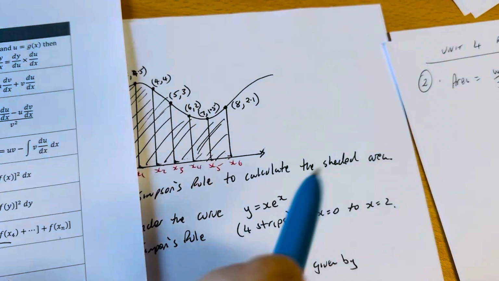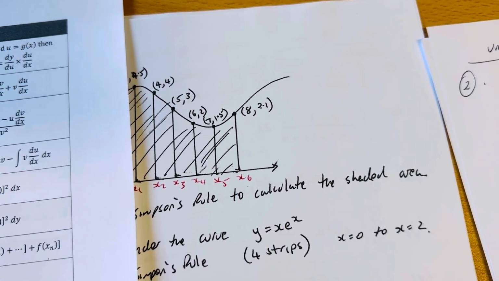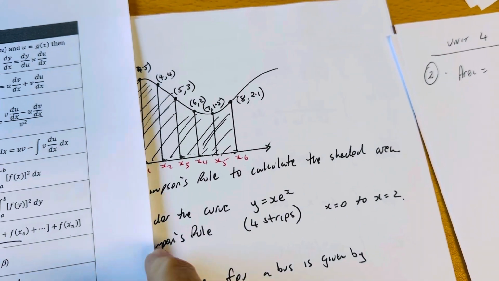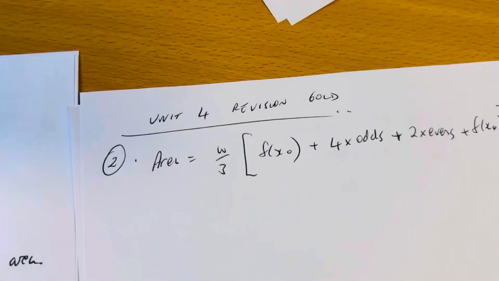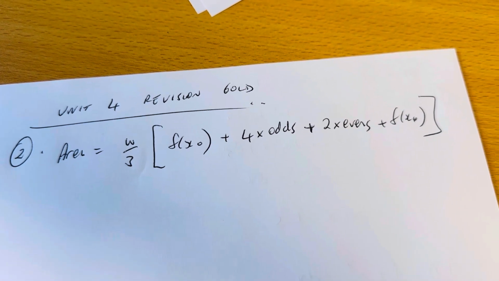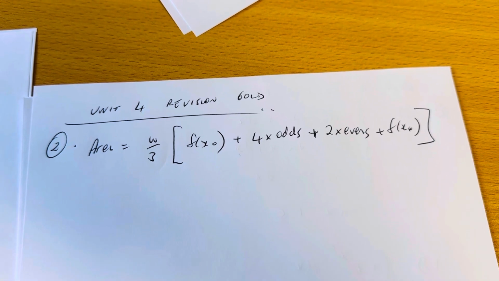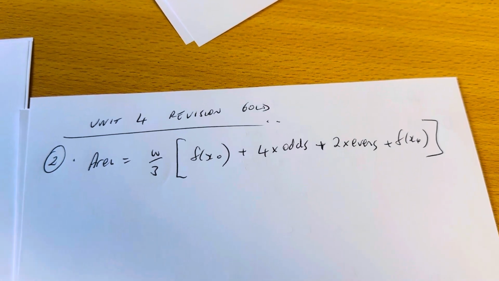In this case, my other end will be x6. So I just shorten it down for myself. It makes it seem a little easier. So I've got width over 3, and then I add my ends, 4 times the odds, 2 times the evens.